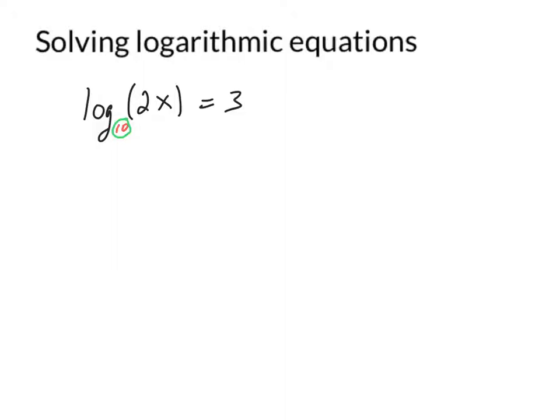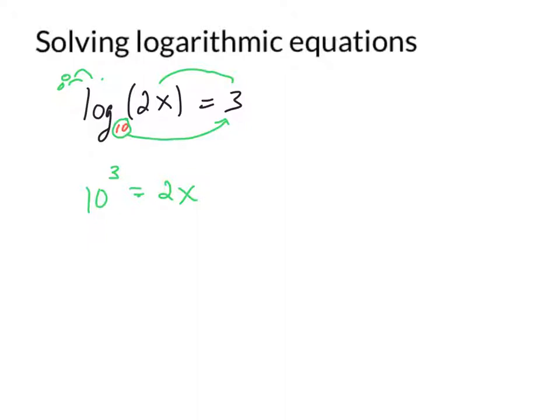Instead of log base 10 of 2x equals 3, I'm asking 10 to the third power is equal to 2x. By using the snail, it allows me to rewrite my logarithmic equation as an exponential equation.